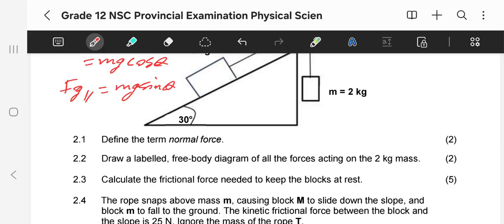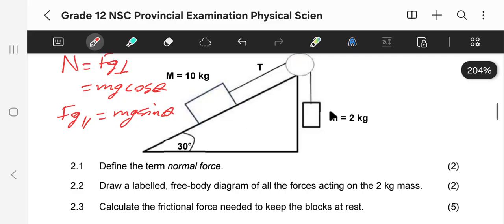Now we go to 2.2. It says draw a labeled free body diagram of all the forces acting on the 2 kg mass. This is the 2 kg mass, and it is a hanging object. So when you draw the free body diagram for hanging objects, we already know from the number of marks that we are supposed to have 2 forces.